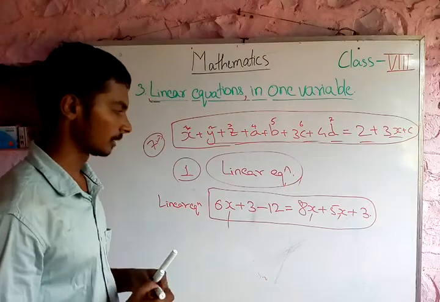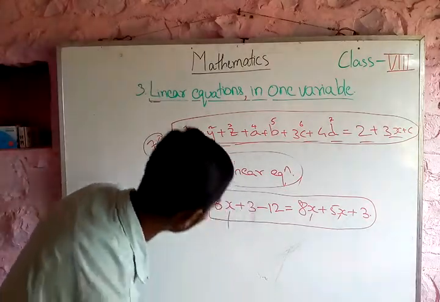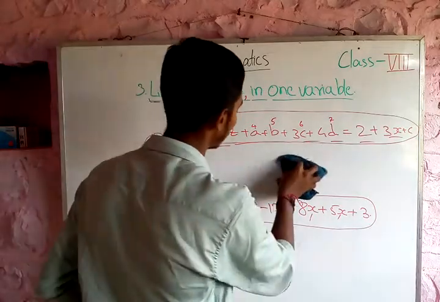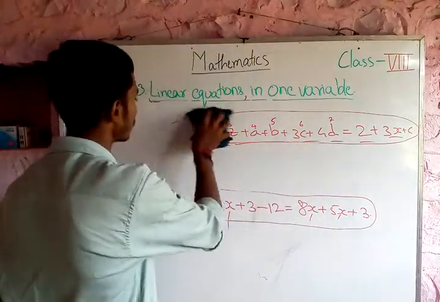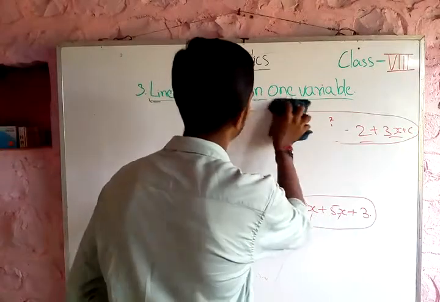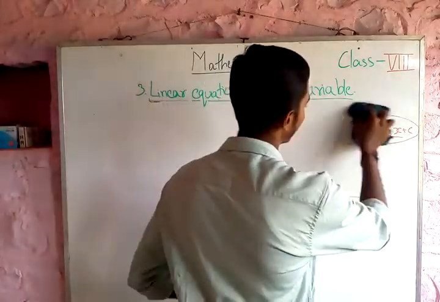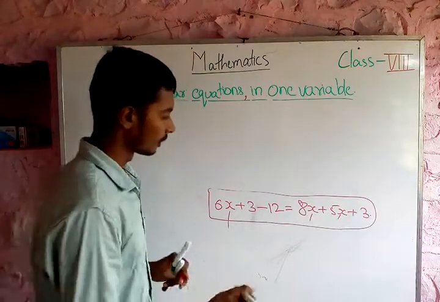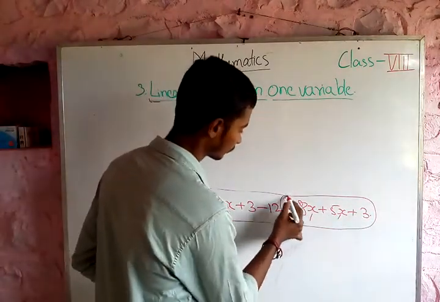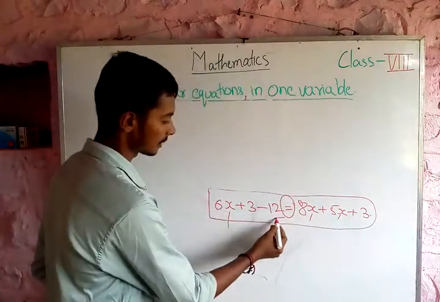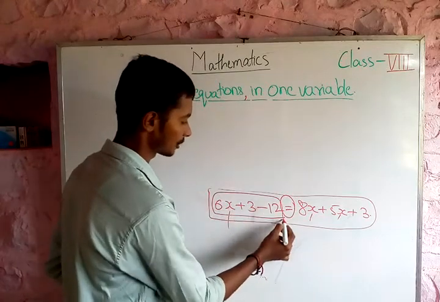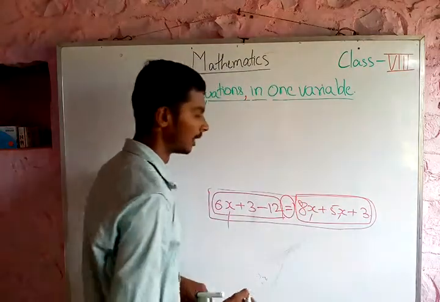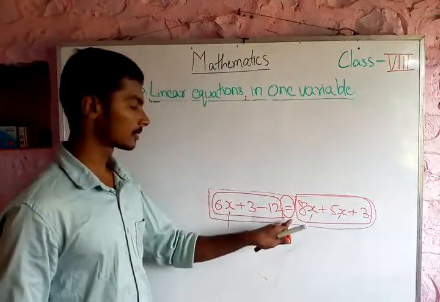Okay, now see, in any equation there may be multiple terms, but there are two sides, that is, there is an equal to, and on one side of equal to we have one expression, and on the other side of equal to we have another expression.